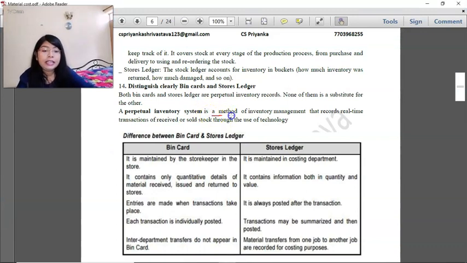It is basically a method of inventory management that records the real-time transactions of received or sold stock through the use of technology. That is, as and when you have purchased or sold the stock, at that very moment this account will get updated. So this system is called the perpetual inventory system.